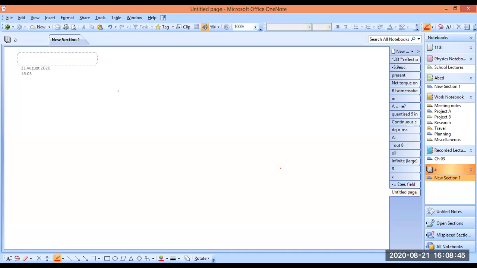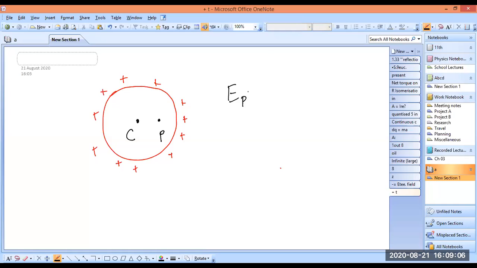So suppose this is that uniformly charged shell. Okay, right? And we want to find out what's the electric field at some point which is inside this shell, right? We took one point outside earlier, now we'll take inside. So this is center C. Let's say we want to find the electric field at this point P. What's the electric field at that point P, right? As usual, the radius is R. Suppose the total charge on this sphere is Q, right?